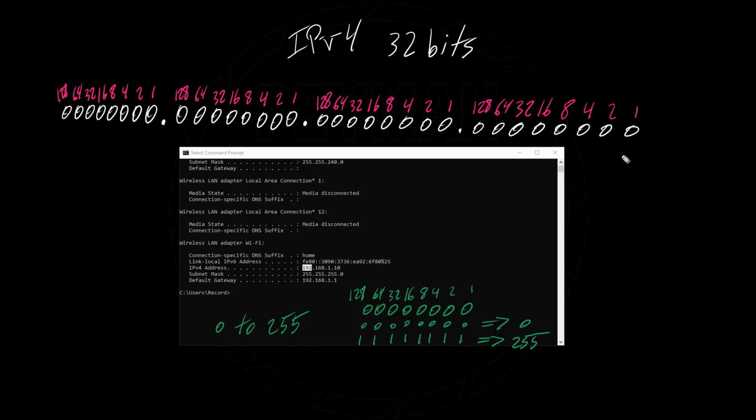When we convert the binary representation of IPv4 to decimal notation, every octet has a range from 0 to 255, depending on the IP address. This is known as IPv4 dotted decimal notation.